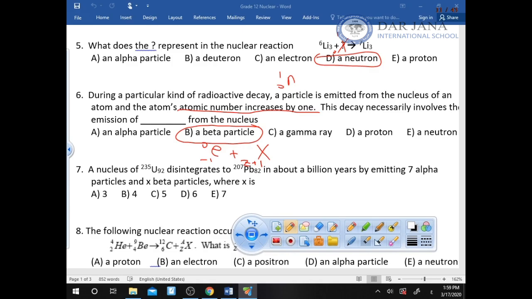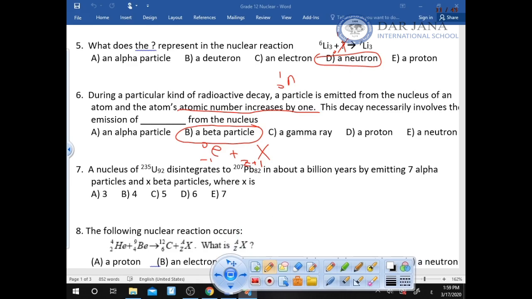We have here a challenging exercise. We have uranium 92, 235. It disintegrates to lead 82, 207, by emitting 7 alphas, 7 helium 2, 4, plus unknown beta particles. Beta, he means beta minus here, X of minus 1, 0.